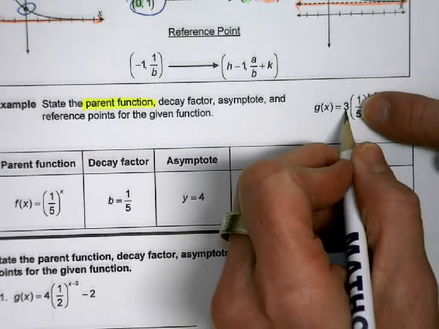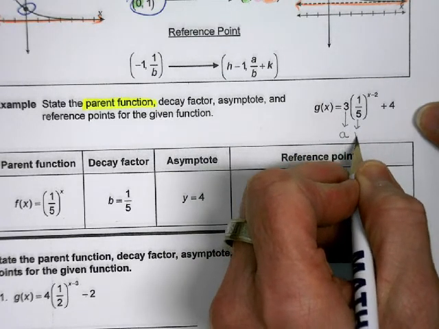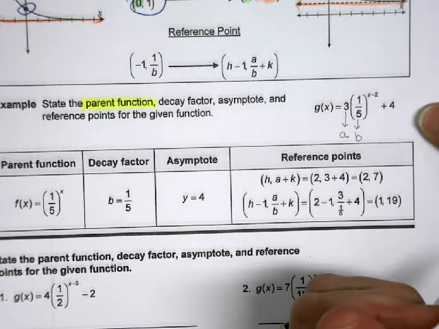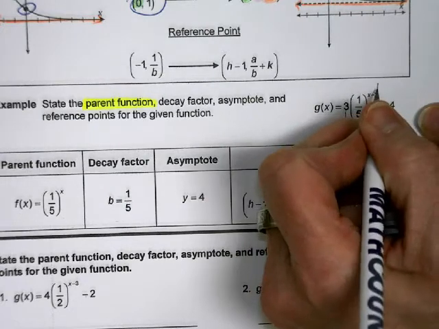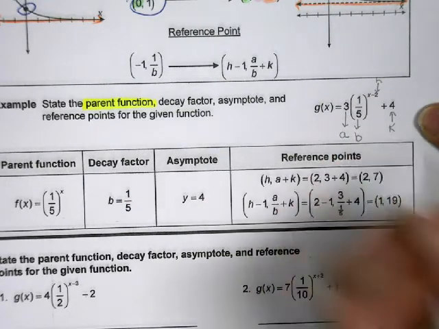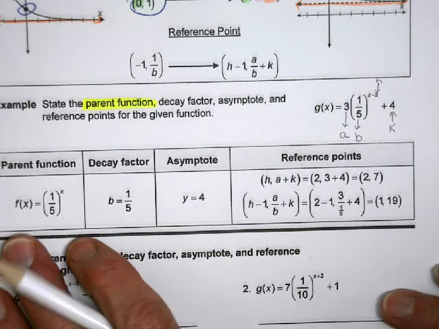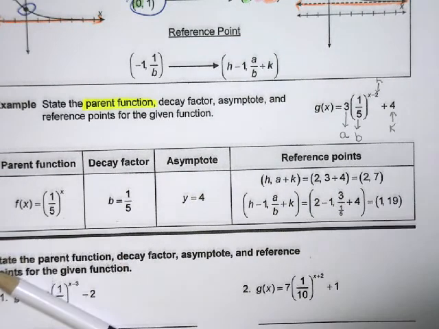Remember, this is A, this is B, this is H, and this is K. Just like the alphabet in order.